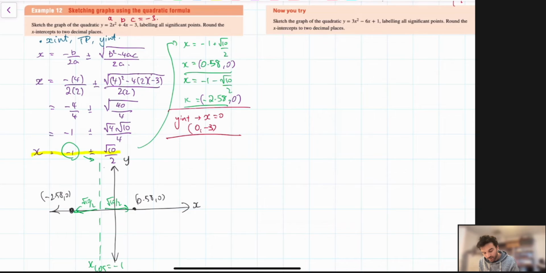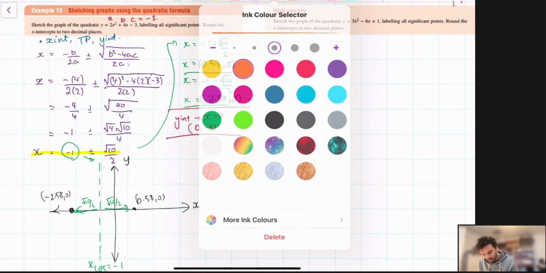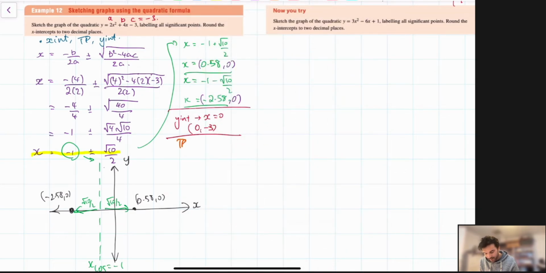So to find our turning point, we're going to sub in negative 1 into our formula. I was going to square that.